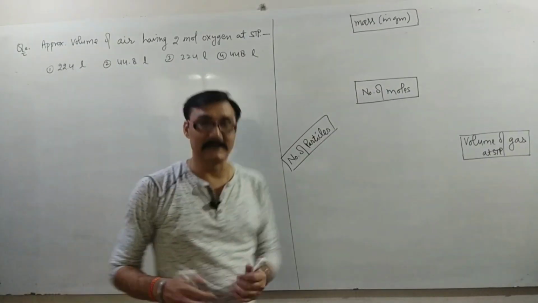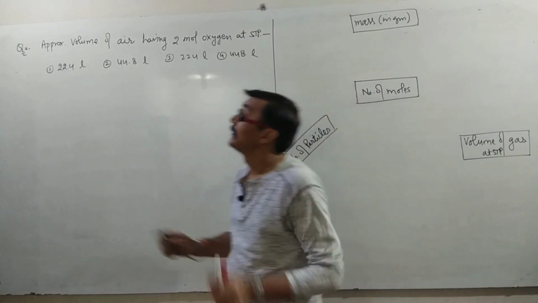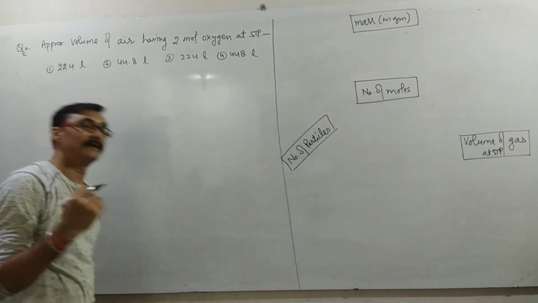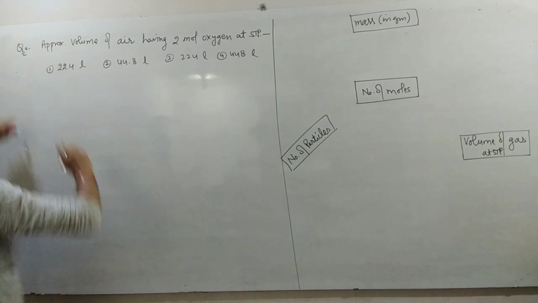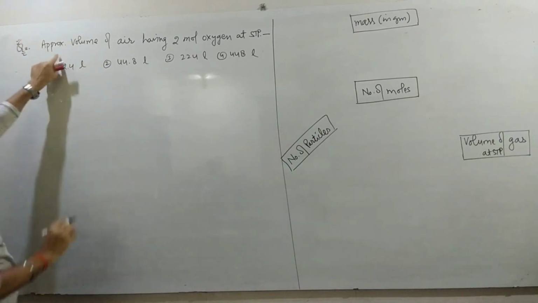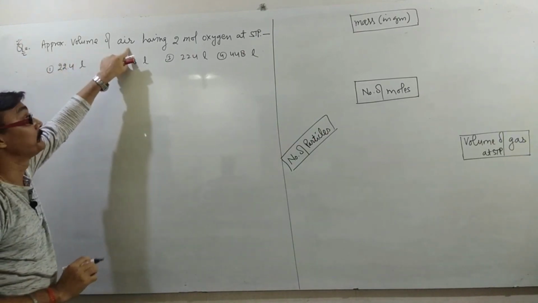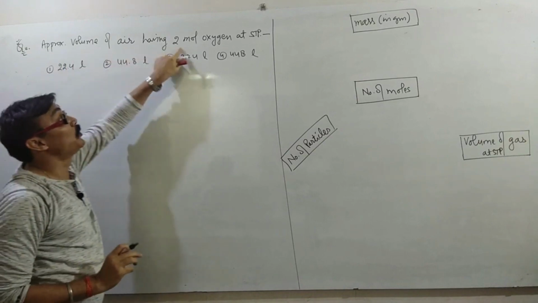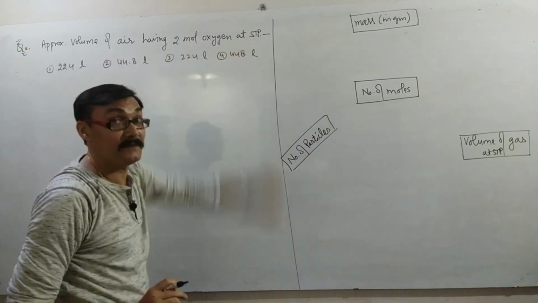Anyways, as I say, few questions are also based on general information. For example, the next question is: approximate volume of air having 2 mole oxygen at STP.